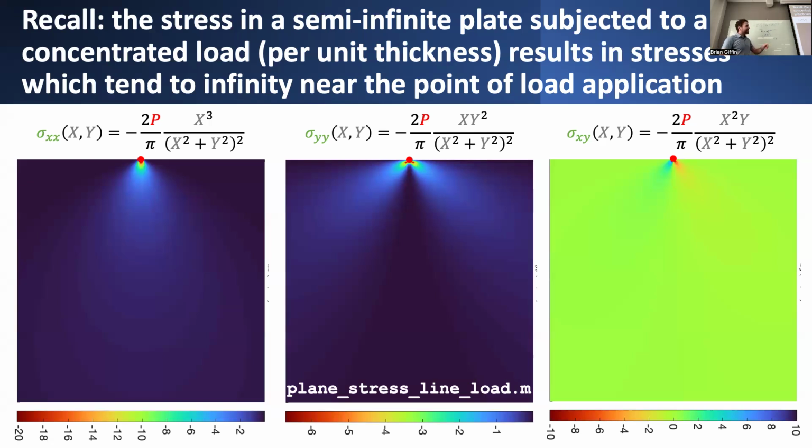So clearly, the fact that we're getting infinite stresses is partly a consequence of our assumption of linear elastic constitutive behavior, that the relationship between stress and strain maintains this linear proportionality regardless of how big the stresses or strains are.